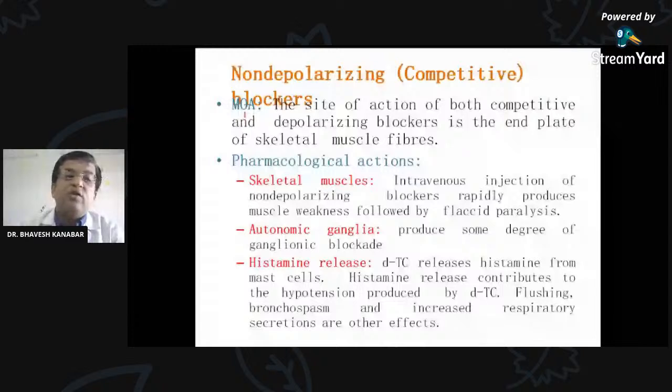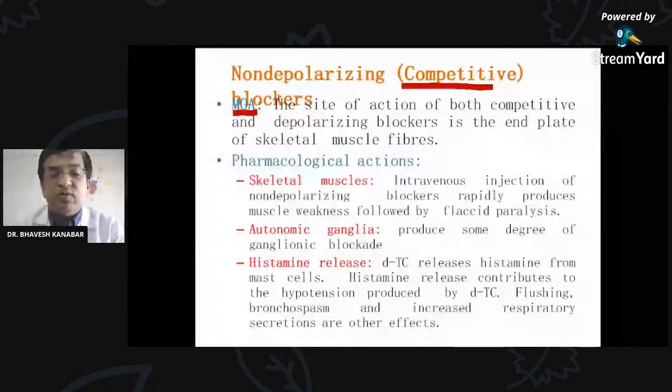As you know, these are the competitive blockers, so it is blocking something. What is it blocking? It is blocking skeletal muscle activity. How? By blocking activity at the neuromuscular junction. Which activity? Nerve-muscle transmission of the impulse. It is blocking impulse transmission.